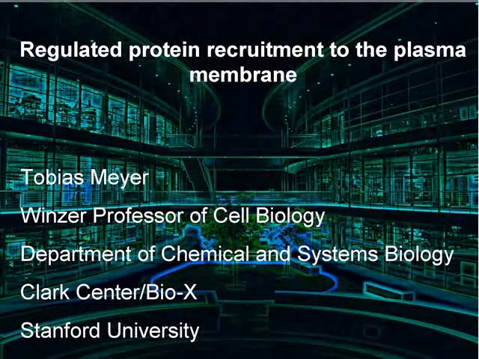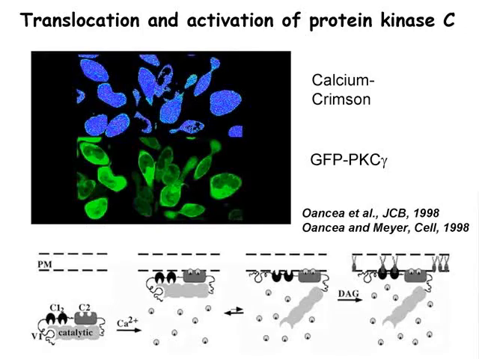I want to start by talking about an example that got our laboratory interested in cell signaling, and this was many years ago when we were interested in understanding the function and activation of protein kinase C in cells. As you see on this slide, we initially performed imaging of calcium signals in individual cells.